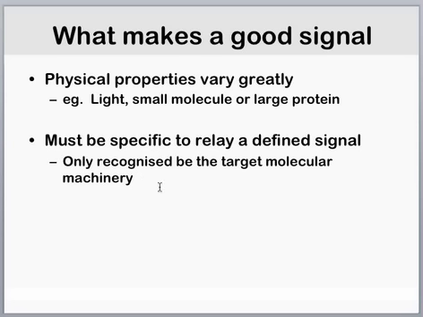Here I've got "must be specific to relay a defined signal, only recognized by the target molecule machinery." That's a fairly convoluted dot point. What I'm trying to say is that a good signal is one that targets the target cell and doesn't cause other cells to respond.